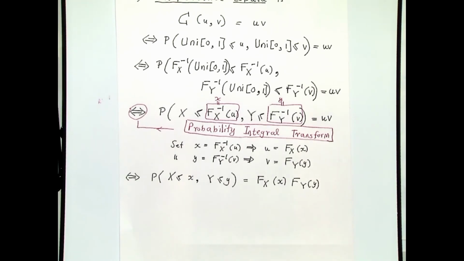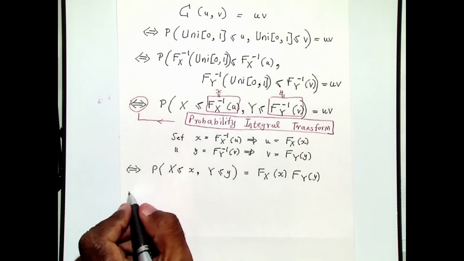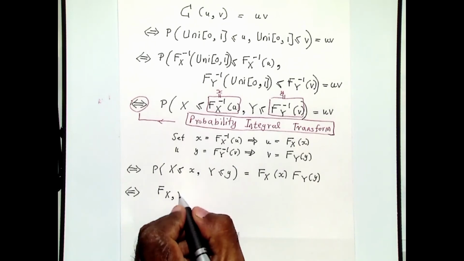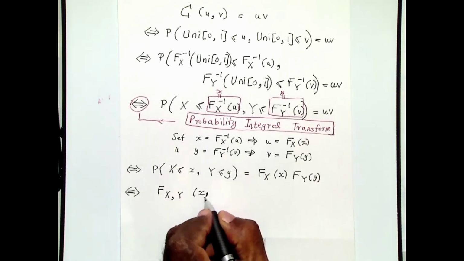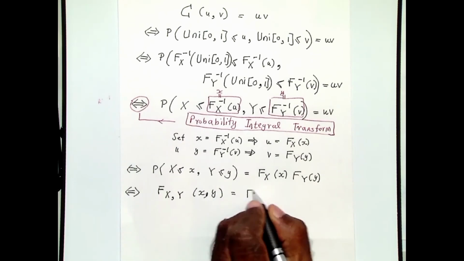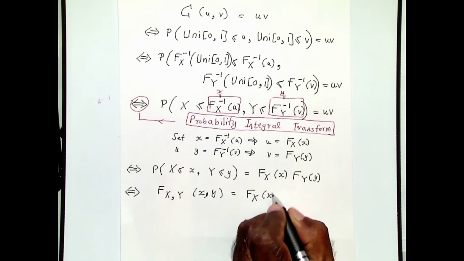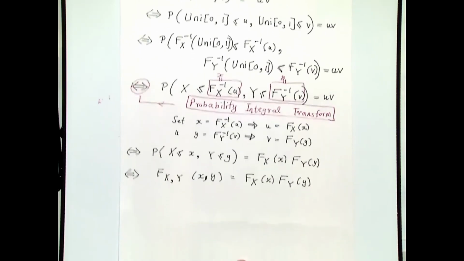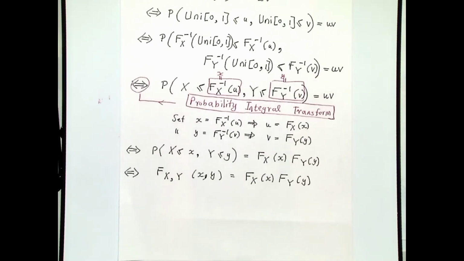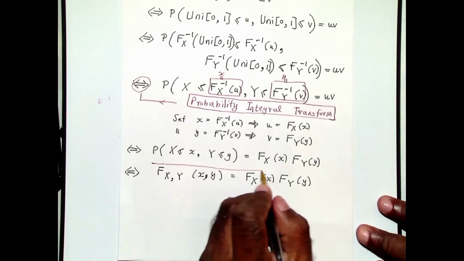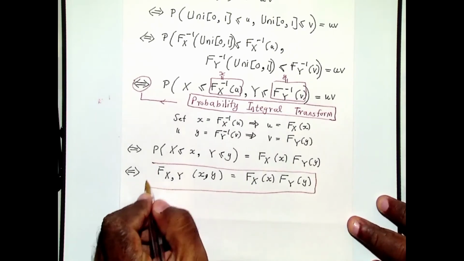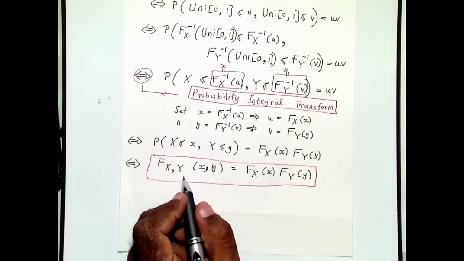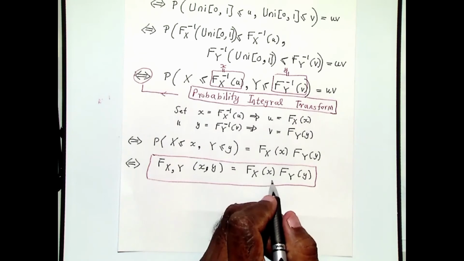What you have on the left-hand side is the joint CDF of X and Y. And if you look at this equation here, what you have is the joint CDF of X and Y equal to the product of the marginal CDFs.